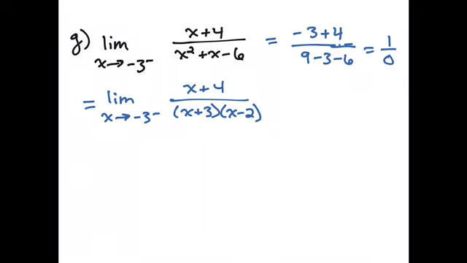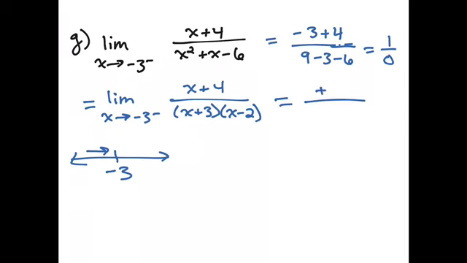Okay, so now that I have it factored, I can just do my little sign notation thing instead of plugging in an actual number. So, my numerator is going to be positive. It's going to be positive 1, as a matter of fact, but it's going to be a positive number. If I plug in a number to the left of negative 3, and this is why I use the number lines, because without a number line, when I'm dealing with negative numbers, I tend to pick from the wrong side.